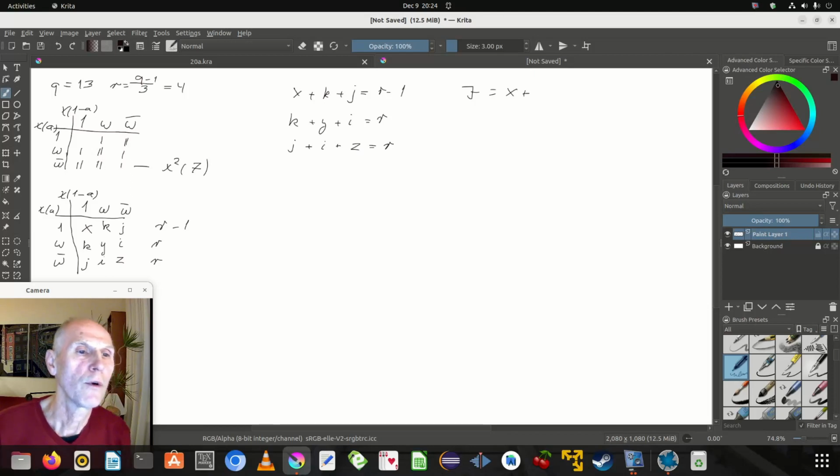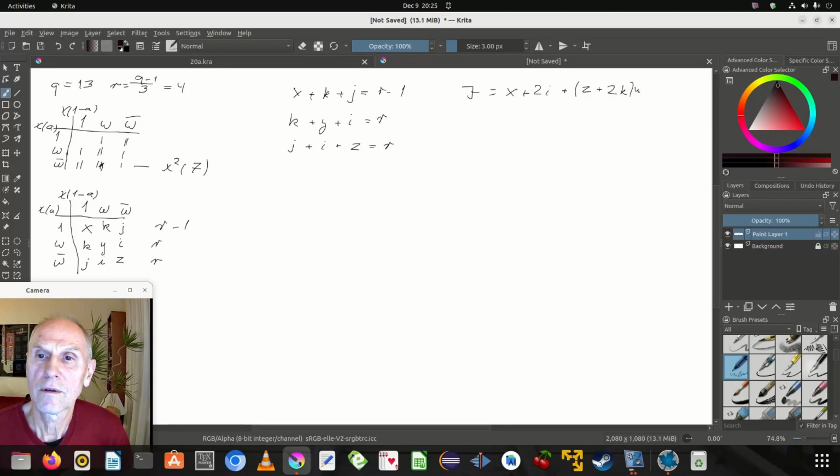So I guess there was only one here. Just erase that. That's omega times omega bar. That gives 2i plus, and 1 times omega, omega times 1, that's 2k, and z. And omega squared only comes from the reverse diagonal here.